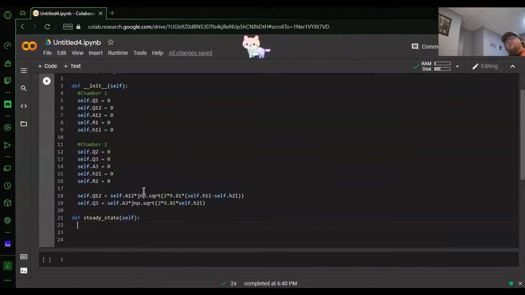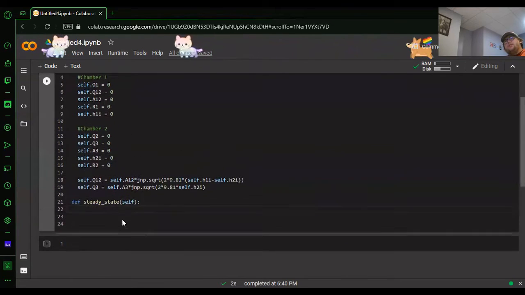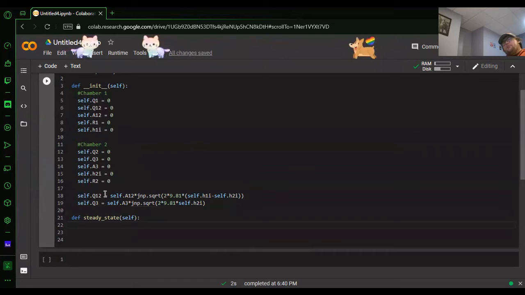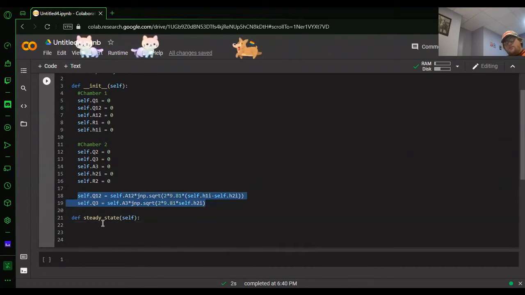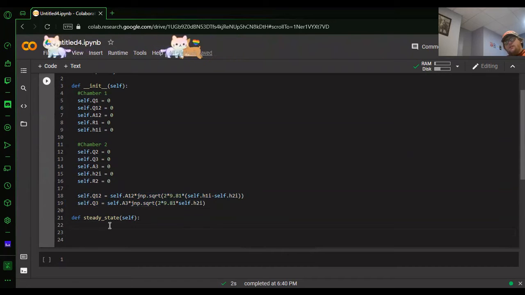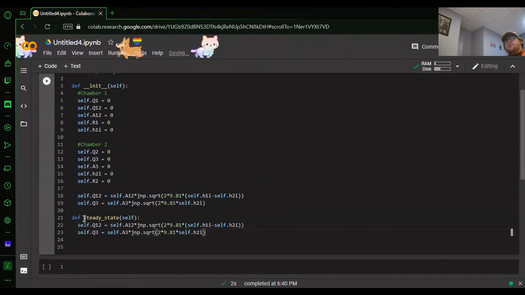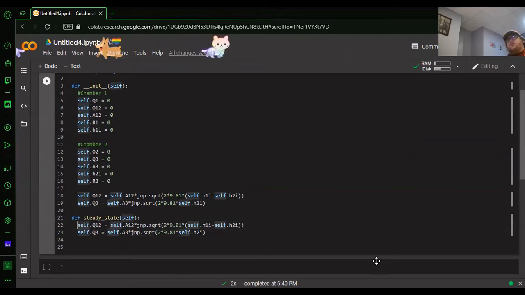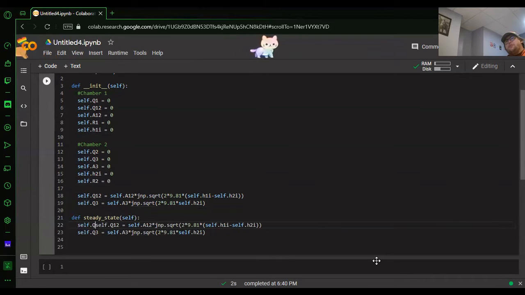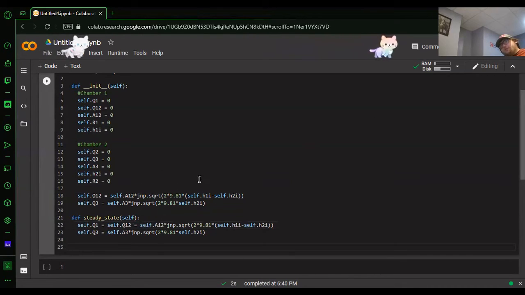And when I'm done setting all these values, I'm going to copy and paste these into here and save myself time. So what's going on here is Q1 is equal to Q12 at steady state.